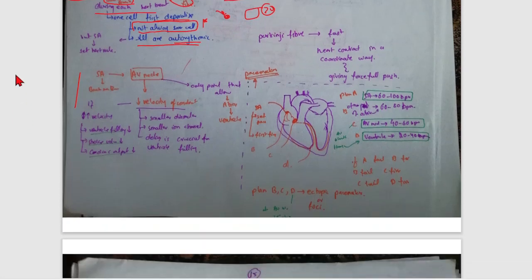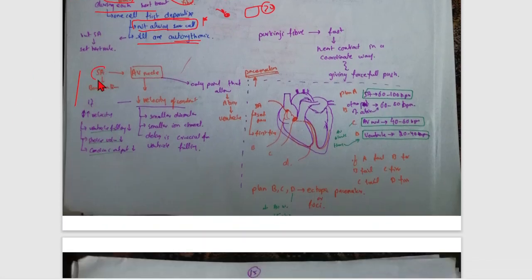Now, from the SA node the signal goes toward the AV node, and at the AV node the velocity of conduction decreases. Why? Because the AV node has a smaller diameter and smaller ion channels, which creates a delay for ventricular filling.